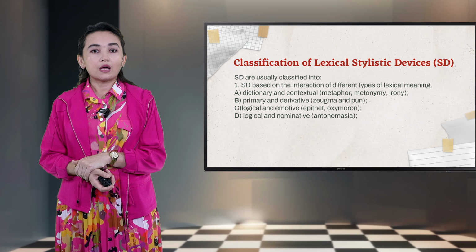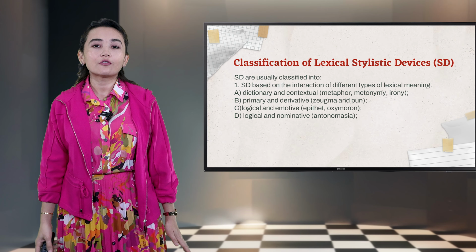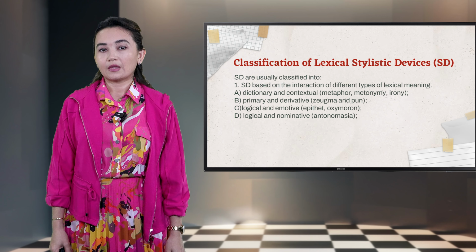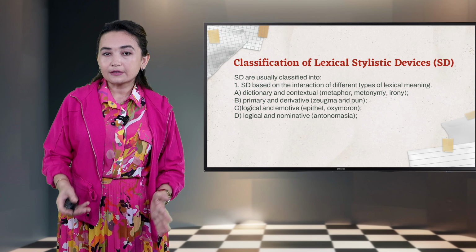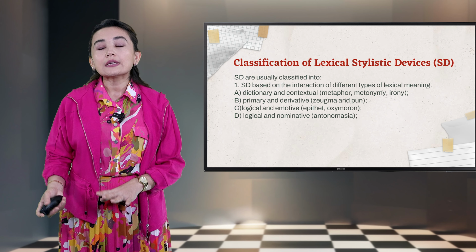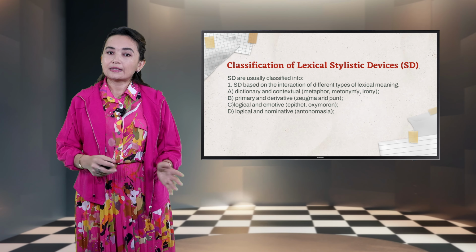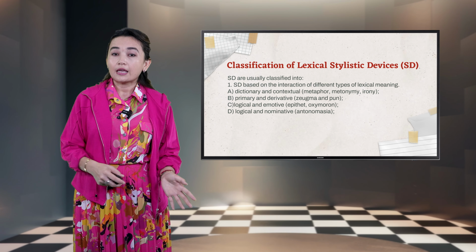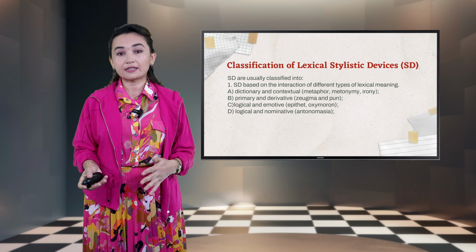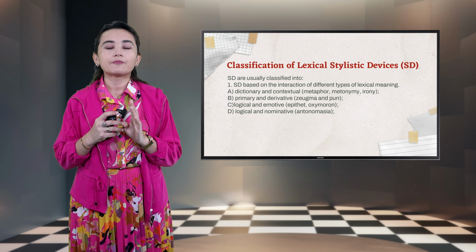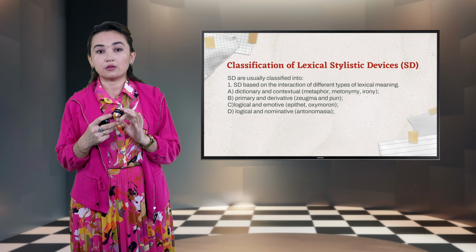And now we'll speak about the classification of lexical stylistic devices. Stylistic devices are usually classified into those based on the interaction of different types of lexical meaning, for example, dictionary and contextual.